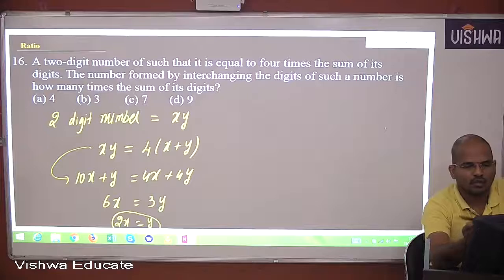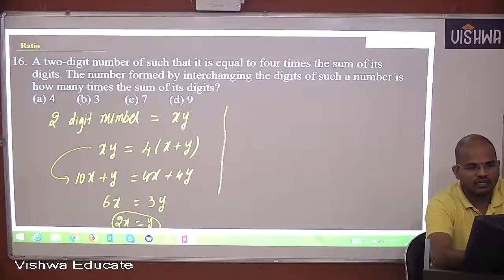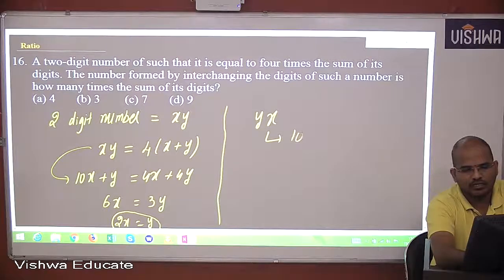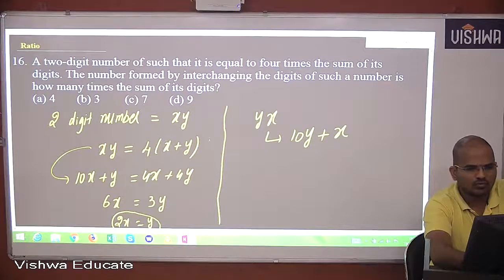Now, if the digits are reversed, it is yx, and yx is 10y plus x, right? So 10y plus x.